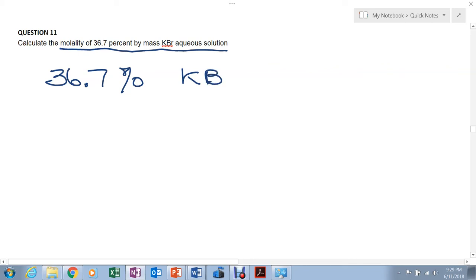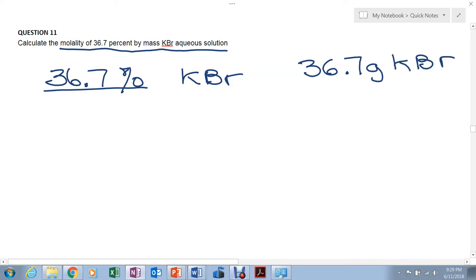Hold on. 36% by mass means a percentage of 36.7 grams of KBr in a total of 100 grams of solution. Right?